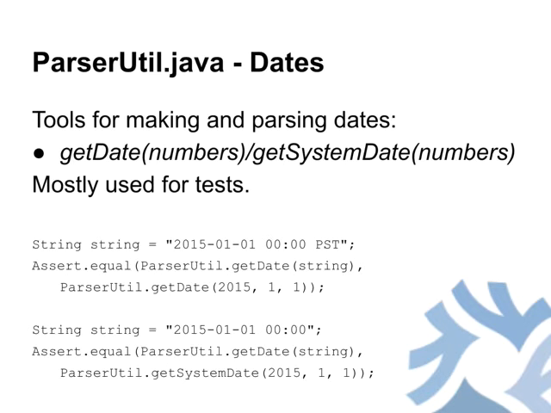If you call ParserUtil.getDate, it gets that date in the UTC time zone. But if you call getSystemDate, it gets that date with the time zone of whatever computer you're running on. This is a slightly complicated topic.